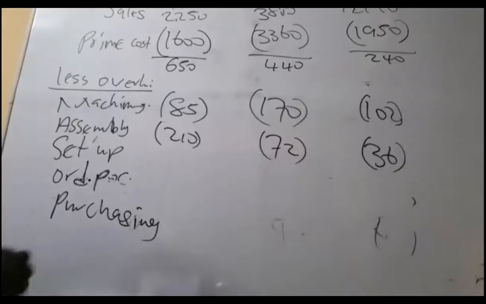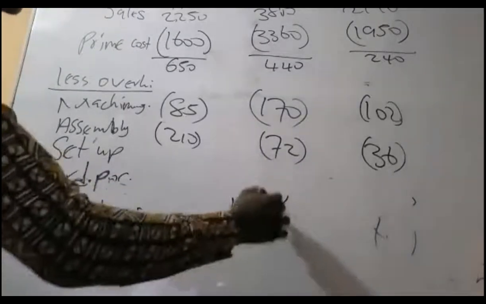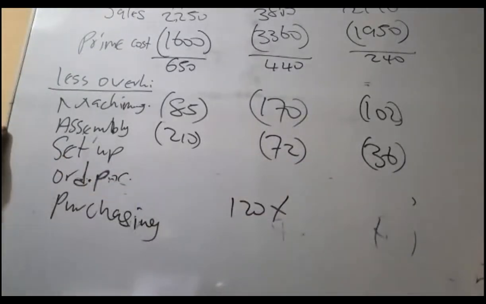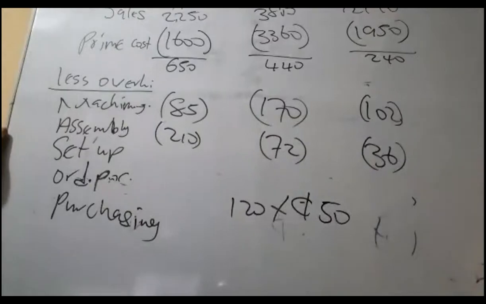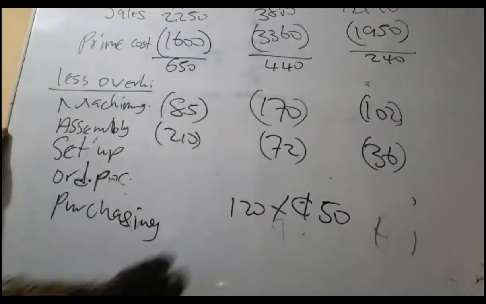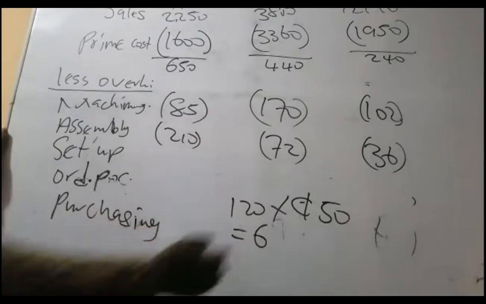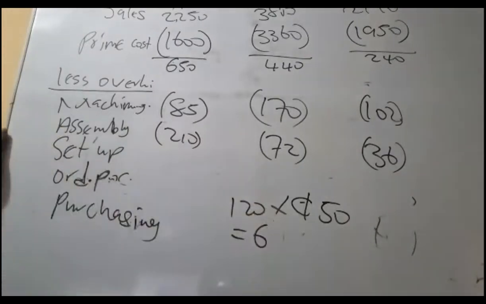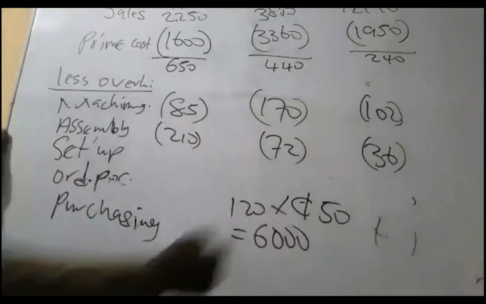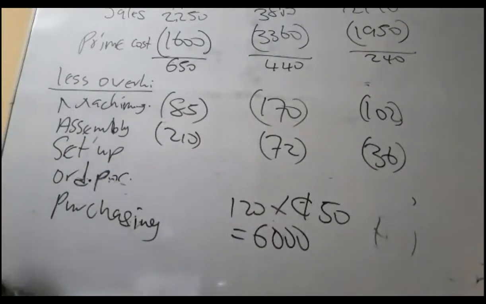So it will be 120 by 50 per setup. This will give us 6,000.